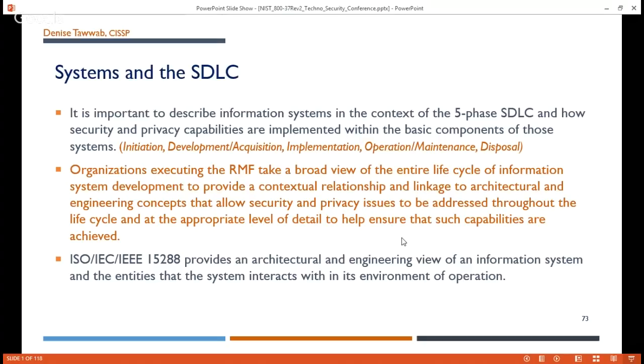If your organization is executing the risk management framework, then you take a broad view of the entire life cycle of information systems development to provide a contextual relationship and linkage to architectural and engineering concepts that will allow security and privacy issues to be addressed throughout the life cycle and at the appropriate level of detail to help ensure that such capabilities are achieved.